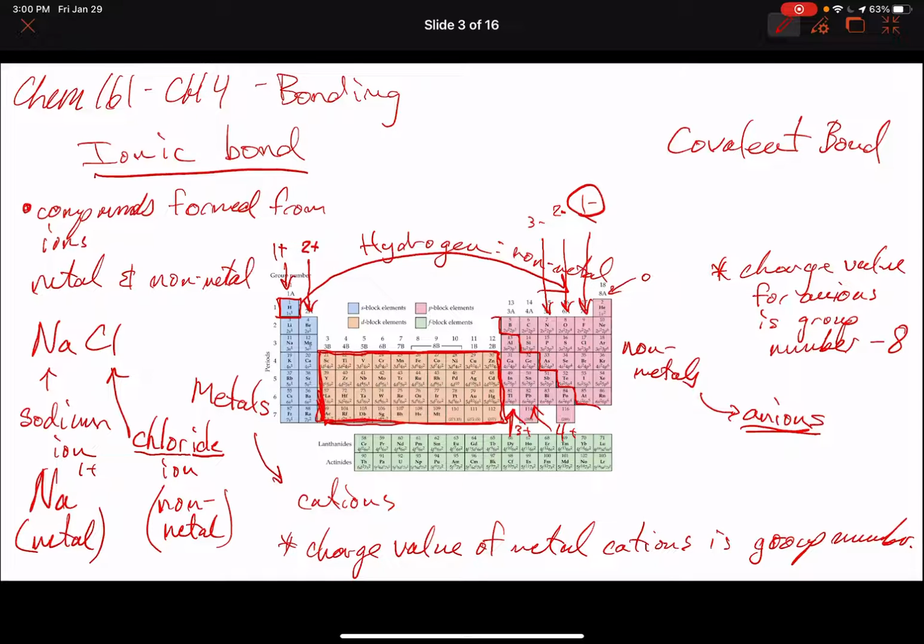In the case of magnesium oxide, we have magnesium ion as the metal, and we have oxide, oxygen changed with the ending suffix "ide," oxide. We would have a 2- charge on the oxygen, and the magnesium would be 2+. So that is also a metal and a non-metal making an ionic compound.